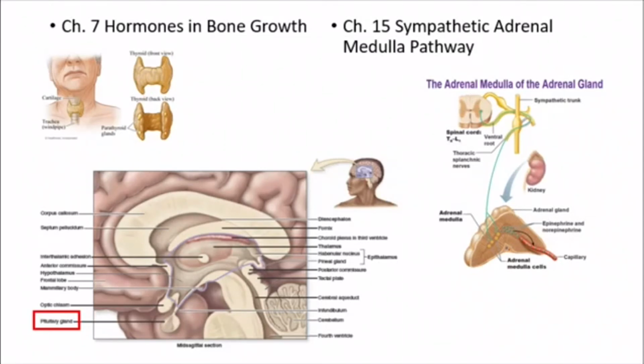The hypothalamus that we've been talking about in chapter 1, being that control center, is here. This is the hypothalamus. It is going to be connected by this infundibulum to the pituitary gland. Also part of the endocrine system, the adrenal gland. So the adrenals, sometimes you call it suprarenal.